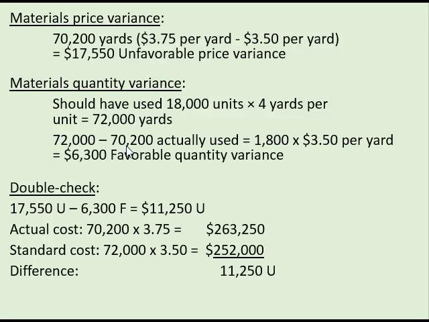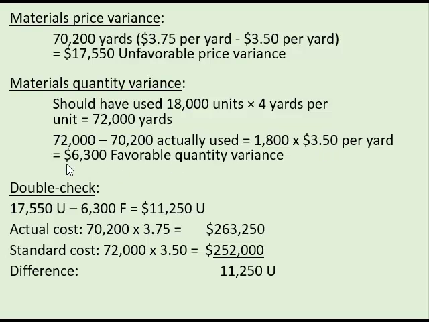But we actually used just 70,200. So that difference in quantity between what we did use and what we should have used represents our difference in quantity. And we multiply the difference in quantity by the standard price of the direct materials, which is $3.50 per yard.